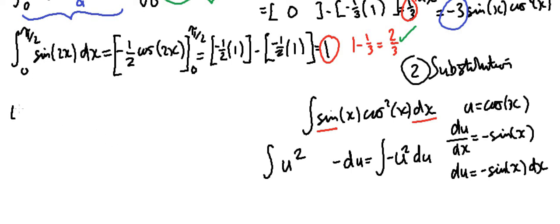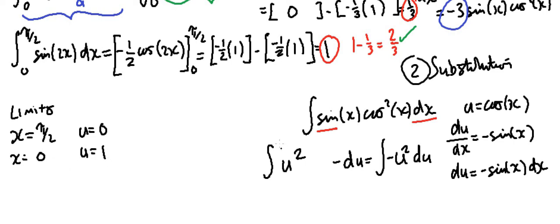I need some limits. So when x equals pi over 2, that means I want cos pi over 2, so u is going to be 0. When x is equal to 0, u is cos of 0, which is 1.